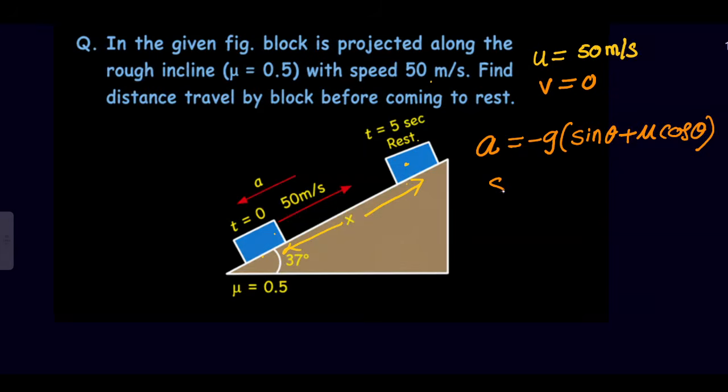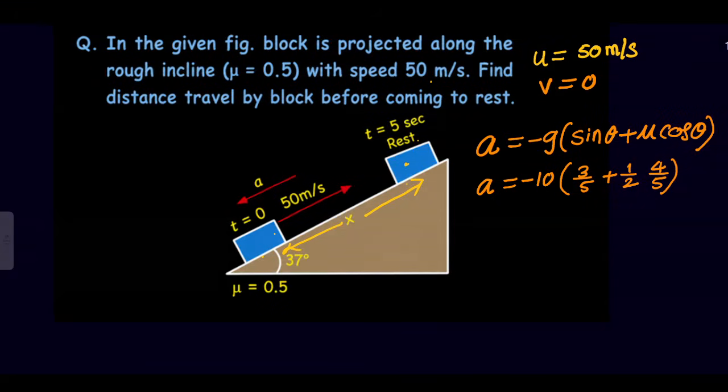Now here we need to find the displacement. I will give the values also. We know A is equal to minus g. Take the g value 10. And theta given is 37. Sin 37 value is 3 by 5. Mu value is 1 by 2. Cos 37 value is 4 by 5.